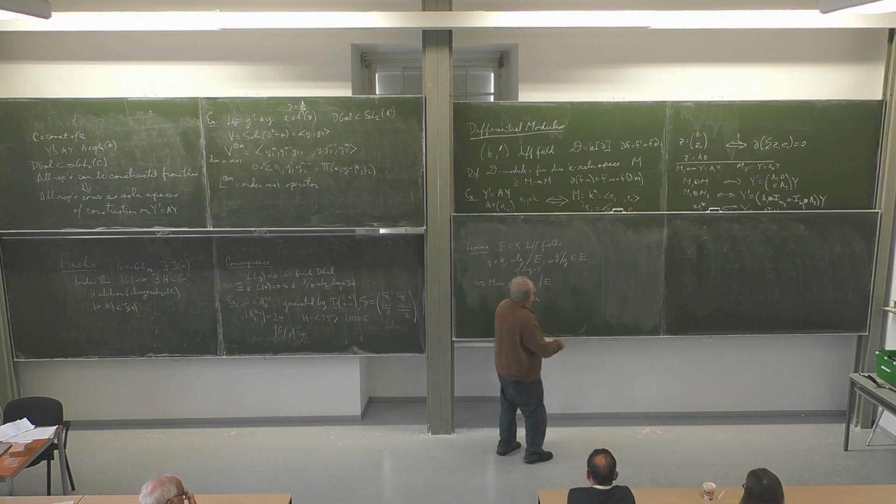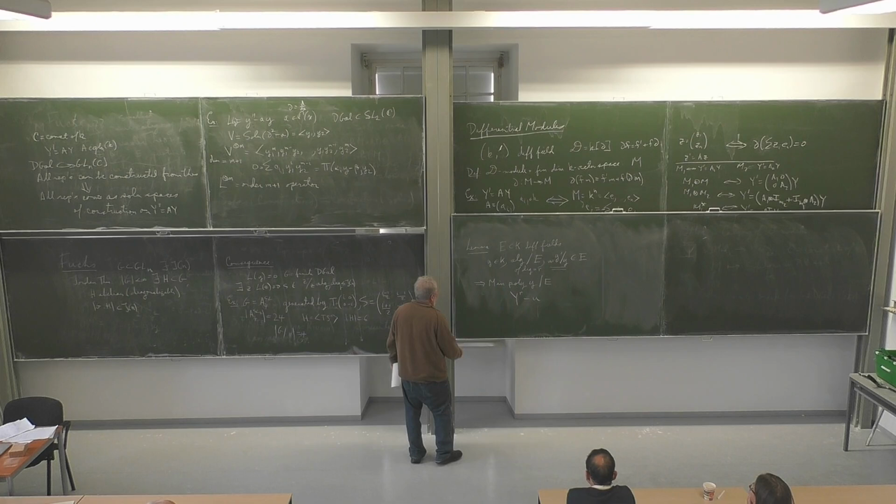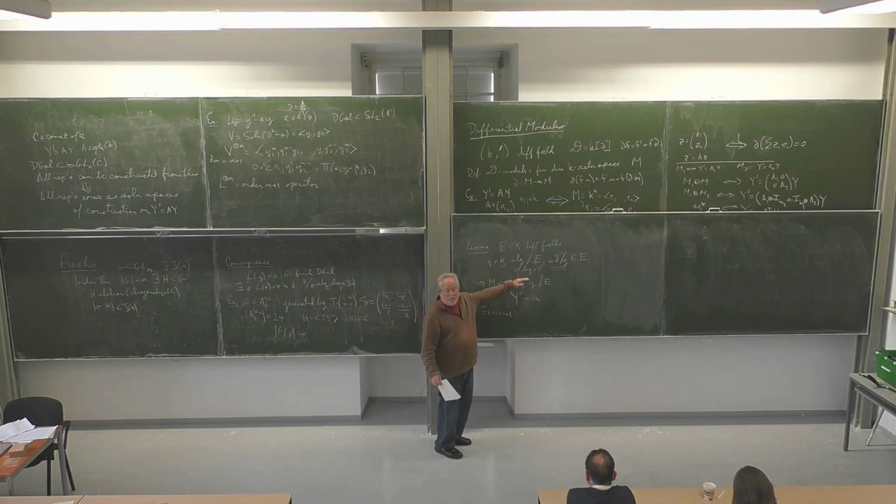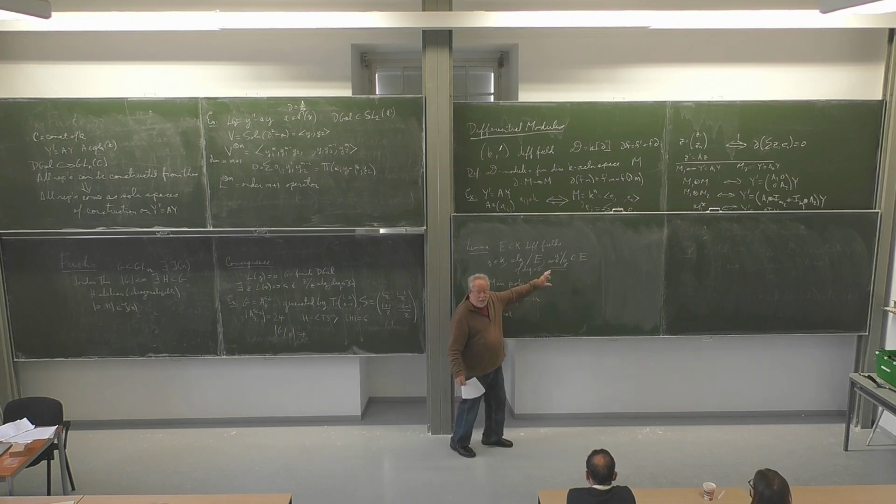But this condition gives you this. And the proof is an exercise. What you do is you write down the minimum polynomial of y, you differentiate it, use this condition, compare the two, and you'll see that most of the coefficients vanish.